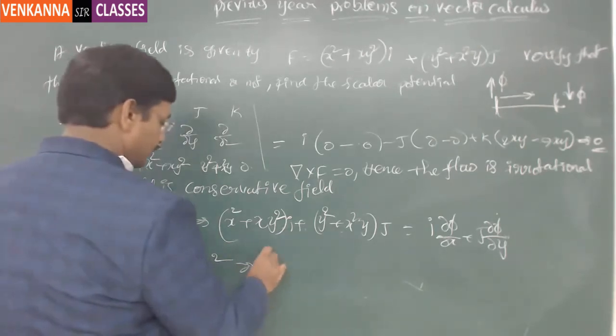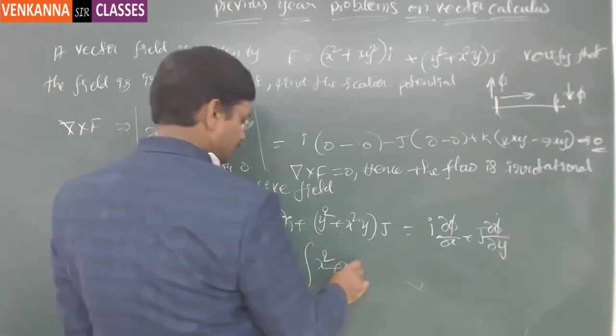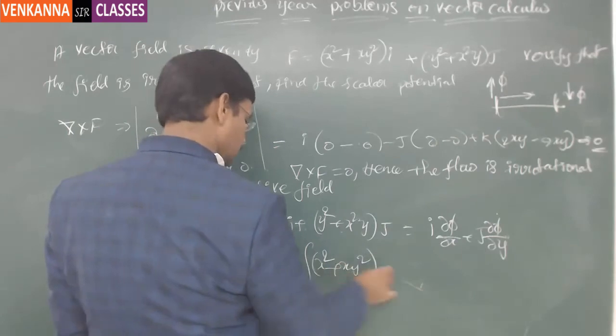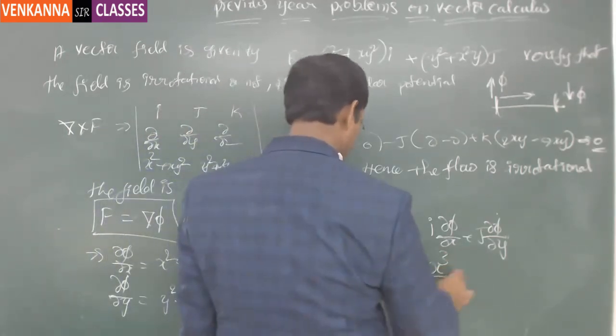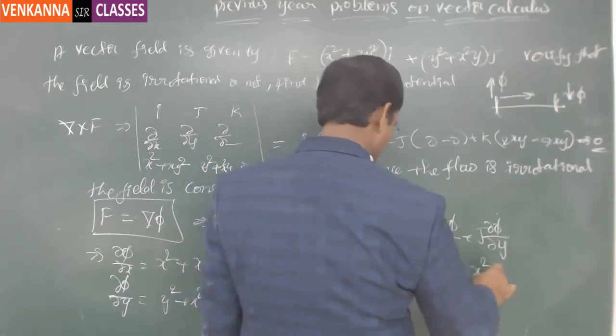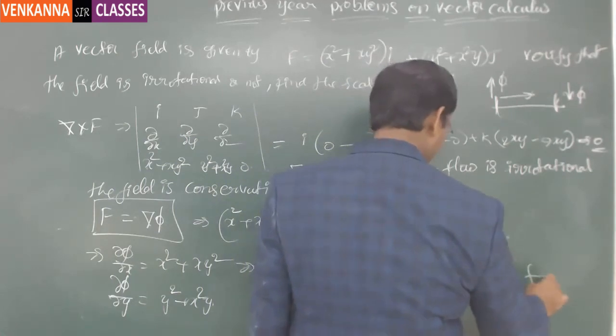So if you integrate, phi is equal to the integral of x square plus xy square dou x. This is going to be x cube by 3 plus x square y square by 2 plus some arbitrary function of y.